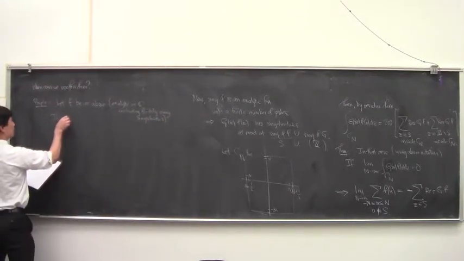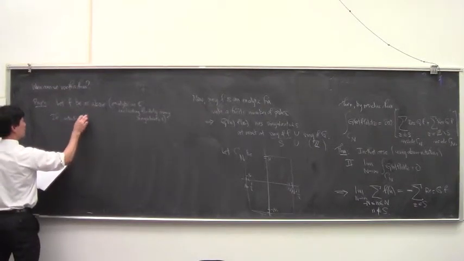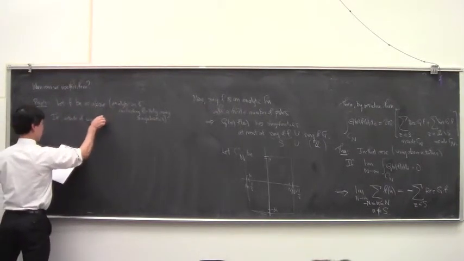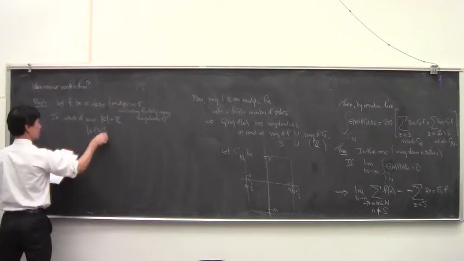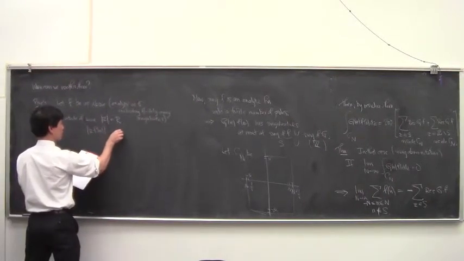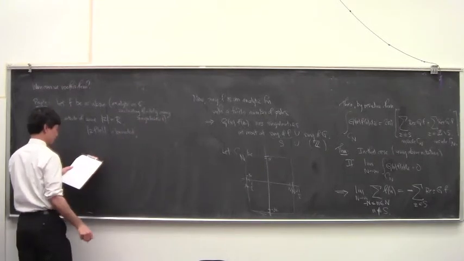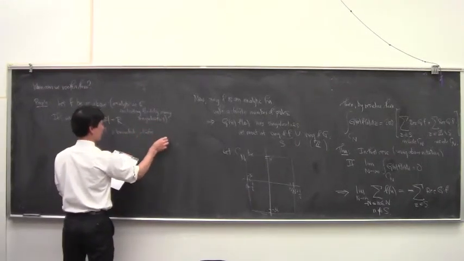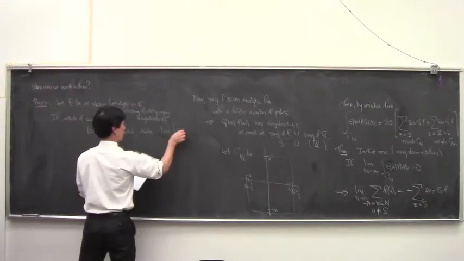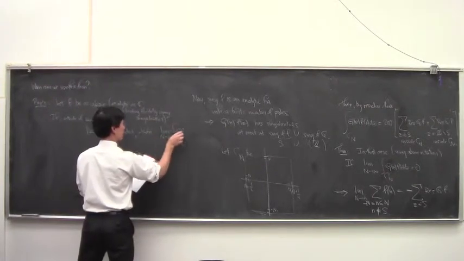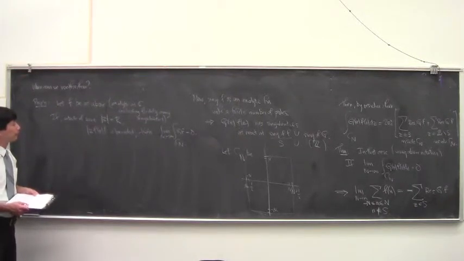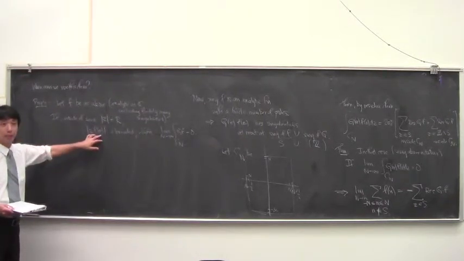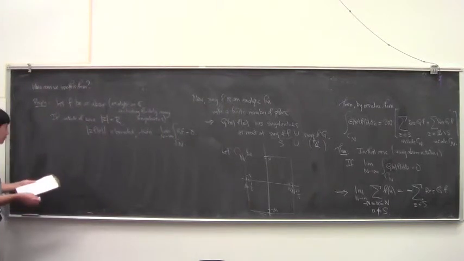If outside of some circle, z times f of z is bounded, then we can use the theorem. Then the limit of gf over Cn is going to be... we'll examine this more closely in a second and see what that means.